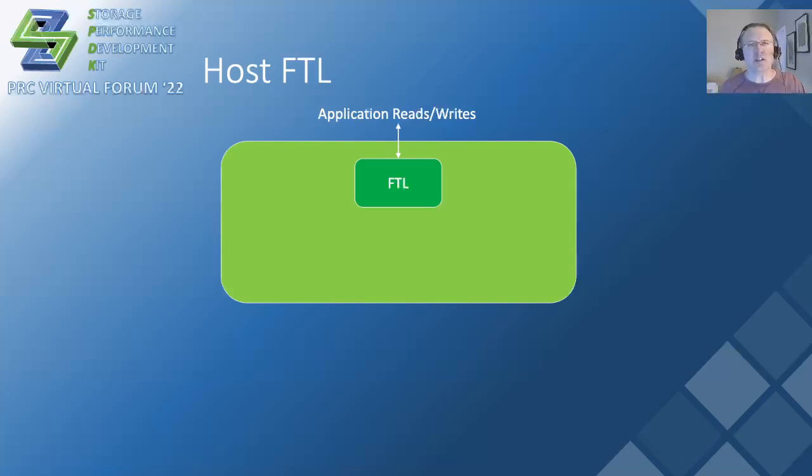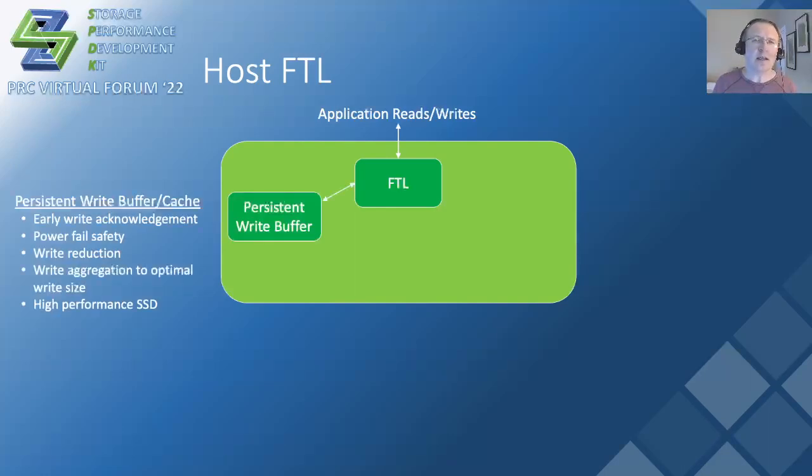Next, host FTL, flash translation layer. You'll hear Wayne Gao. He will talk more about this in his talk tomorrow, the cloud storage acceleration layer, which was merged into SPDK this year. And so for this host FTL, we basically take 3 main parts. We have a persistent write buffer.